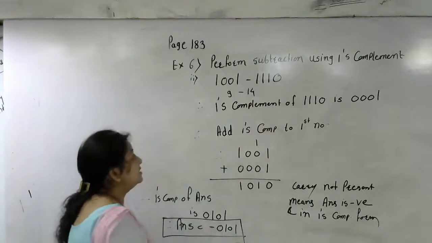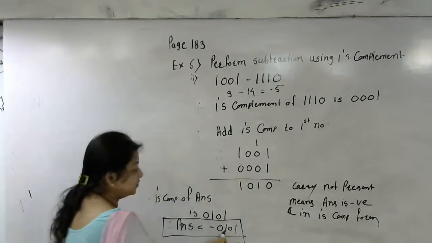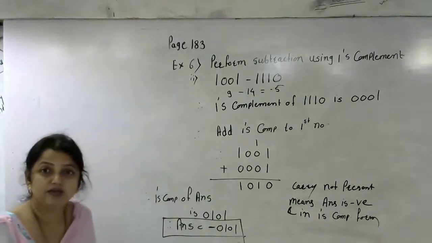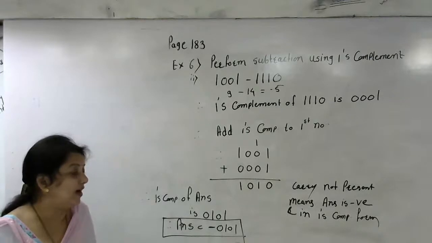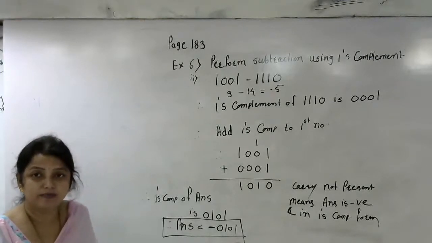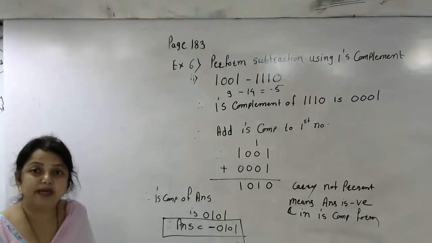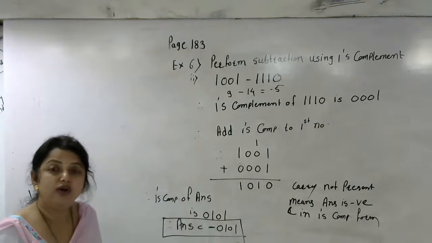So our answer is minus 5, which is equal to minus 5. And here also 4 plus 1, 5, we get the right answer. We can also find the same subtraction by using 2's complement. The answer remains the same. Okay, all of you understand this?